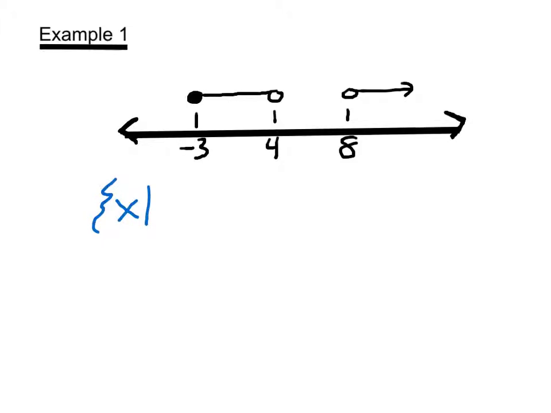So all real numbers x such that -3 is less than or equal to x because of the closed circle here, which is less than 4, less than only because of the open circle, or, and now here comes the other interval, x is greater than 8. And again, we're using greater than because of the open circle.